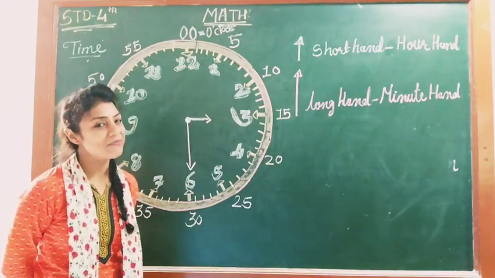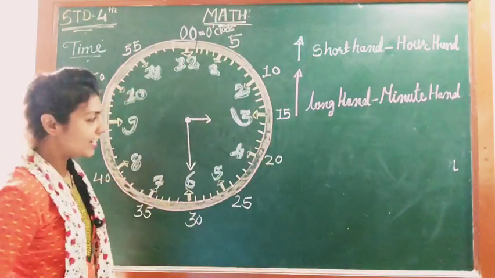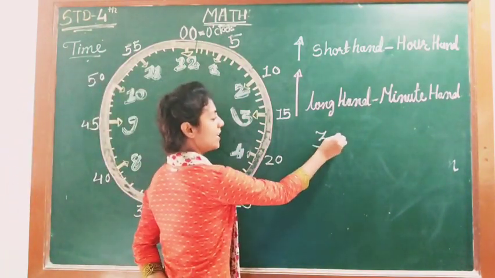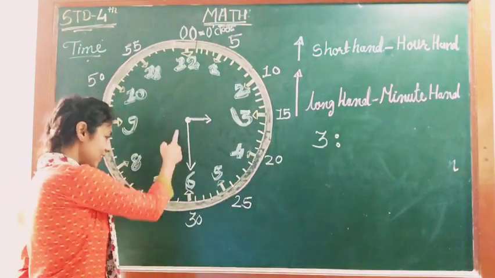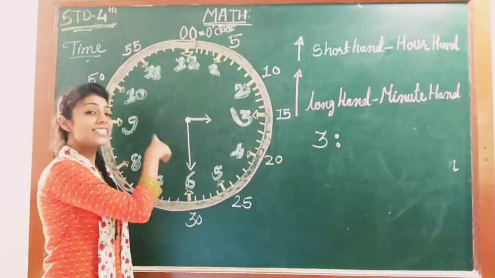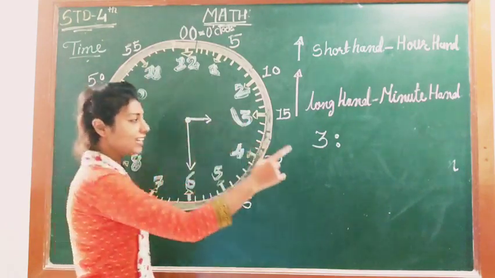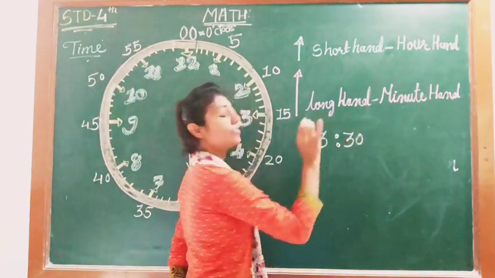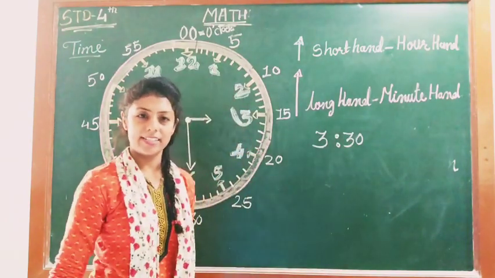Which is the first step? First we will write the hour. It is at 3. So 3. Then 2 dots. And then let's see the minute hand, the long hand at 6. So don't write 6. 5s are 30. So how to read? 3 o'clock and 30 minutes.